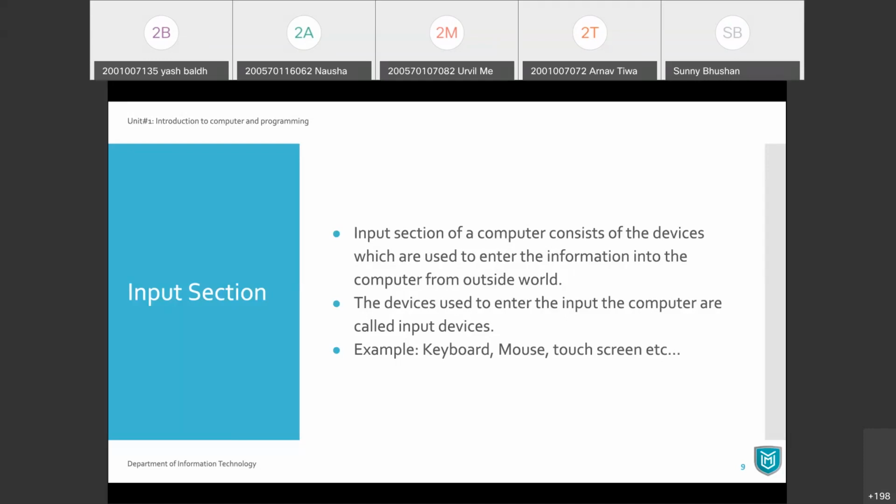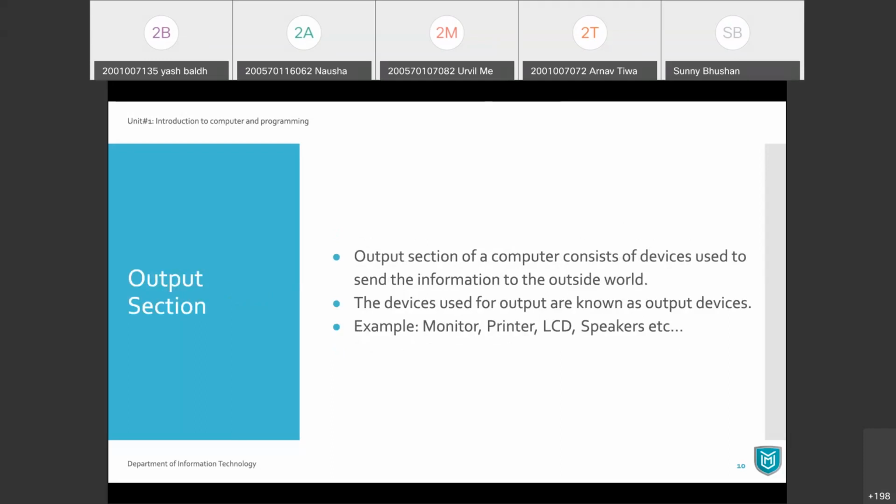Everything from where your CPU can take in data is the input section. And the output section, for example, is the monitor, printer, screen, speakers. Anywhere your CPU can post data can be considered the output section.